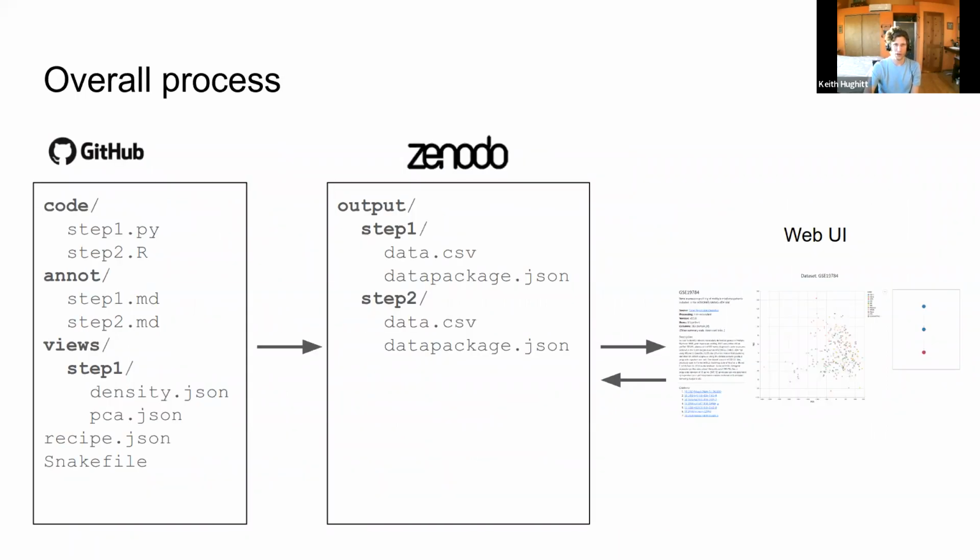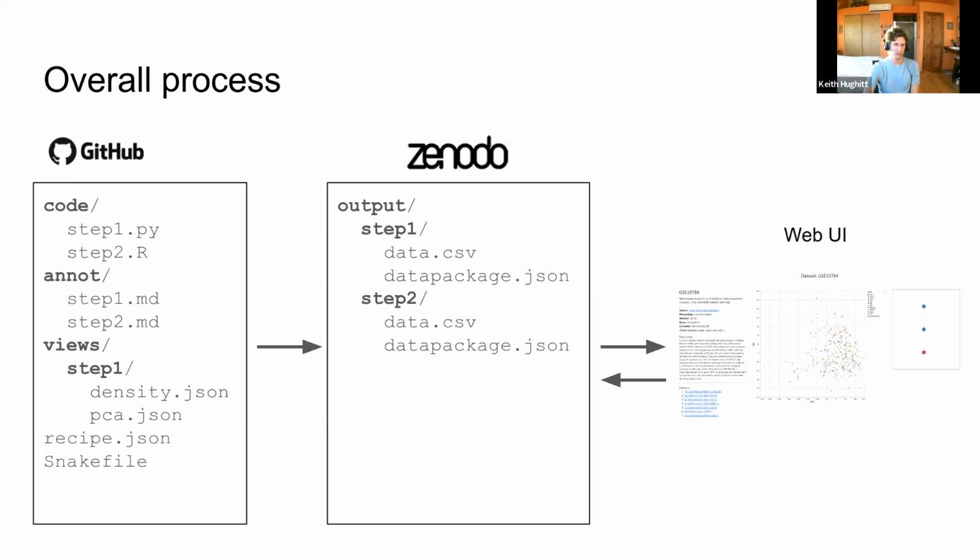So what that overall process could look like in practice: you would have a GitHub repo with your pipeline. Here in this toy example, there are only 2 steps in the pipeline. The first one and second one each have a separate script associated with them. You could have an annotation, a markdown file essentially, with notes depicting decision making and things to look out for in each of these steps.